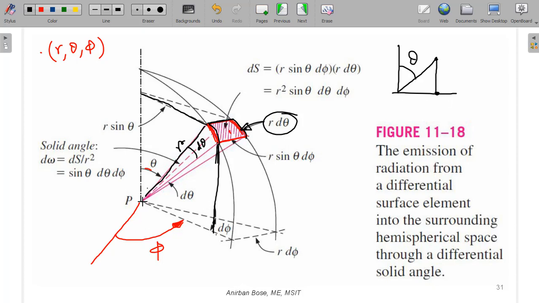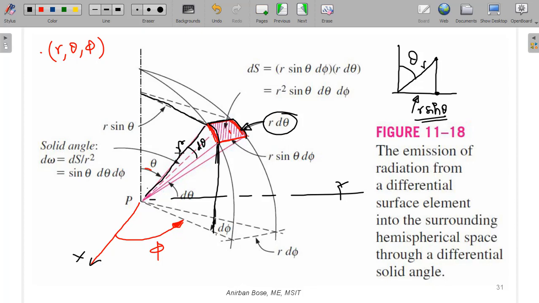As you can see here, this is the horizontal surface. If we call it x and y, this xy is the horizontal surface. So the projection of this radial length on the horizontal surface, if this is r, this is theta, definitely this projection is r sine theta.